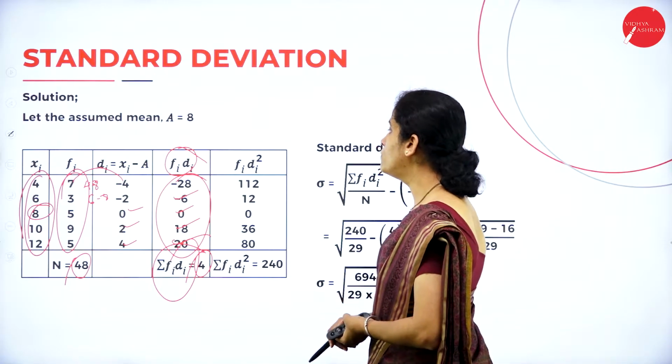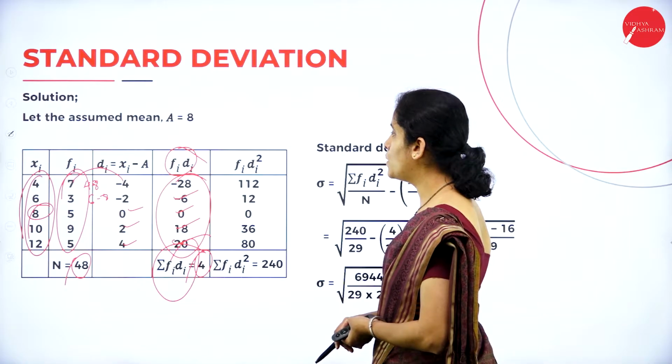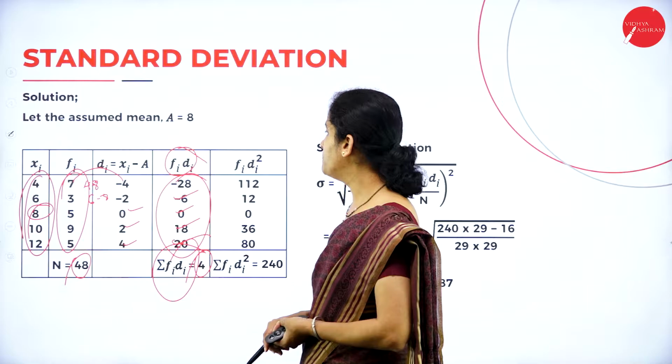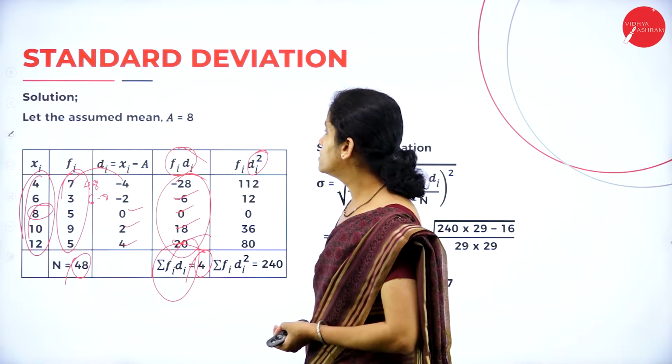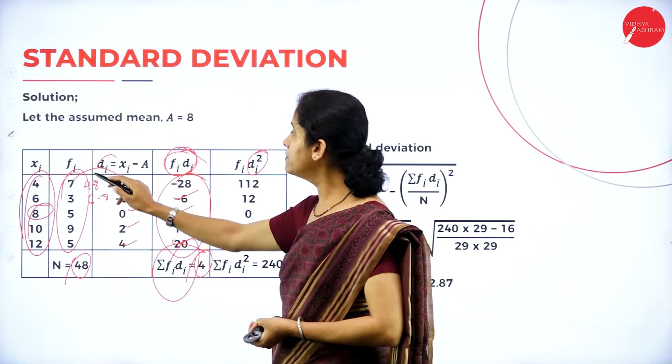Now, I want to find out Fi Di square. Okay, Fi is nothing but 7. Okay, now it is Di square. So here I have the Fi into Di, and here I have the Di.